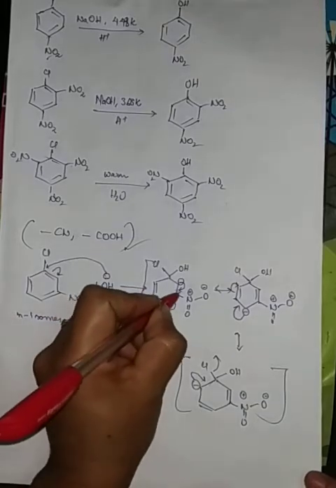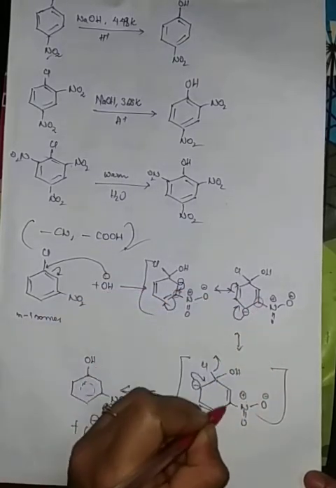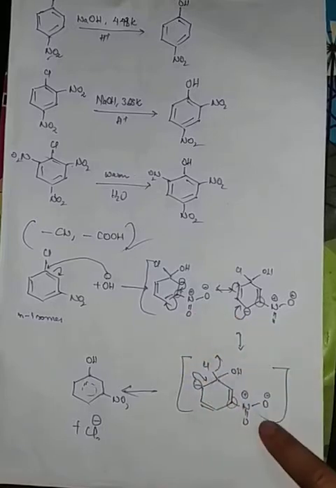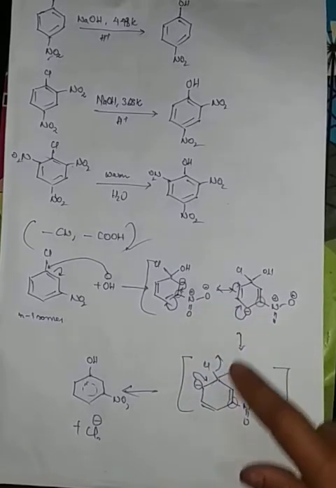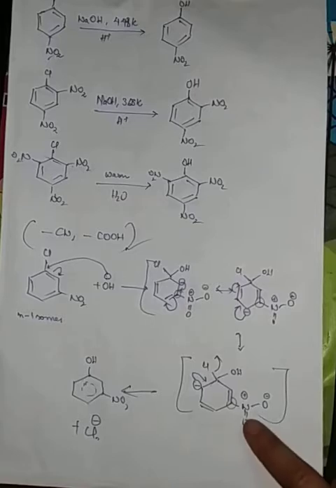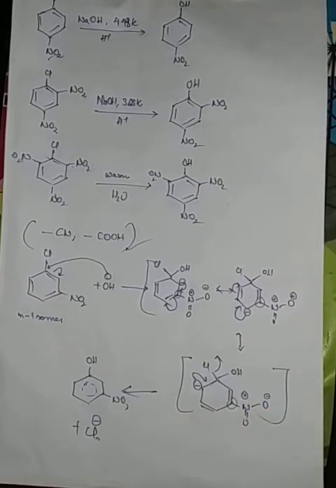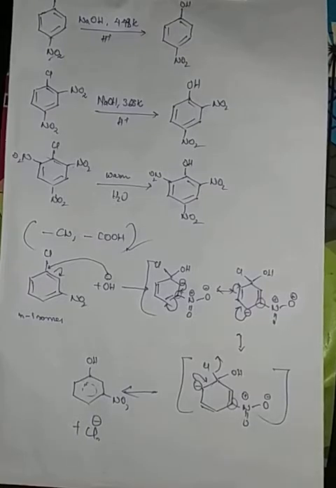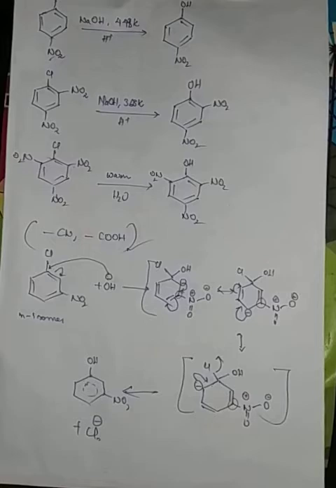Here in structures 1, 2, and 3, none of the carbon atoms has a negative charge on the carbon atom that is bearing our NO2 group. Therefore, the presence of the nitro group at the meta position does not stabilize the negative charge and has no effect on the reactivity of our haloarenes.